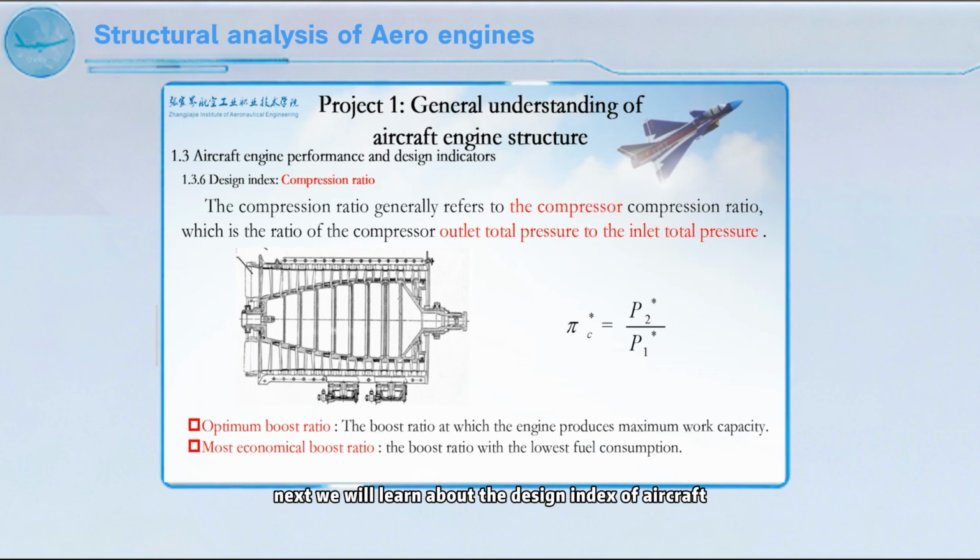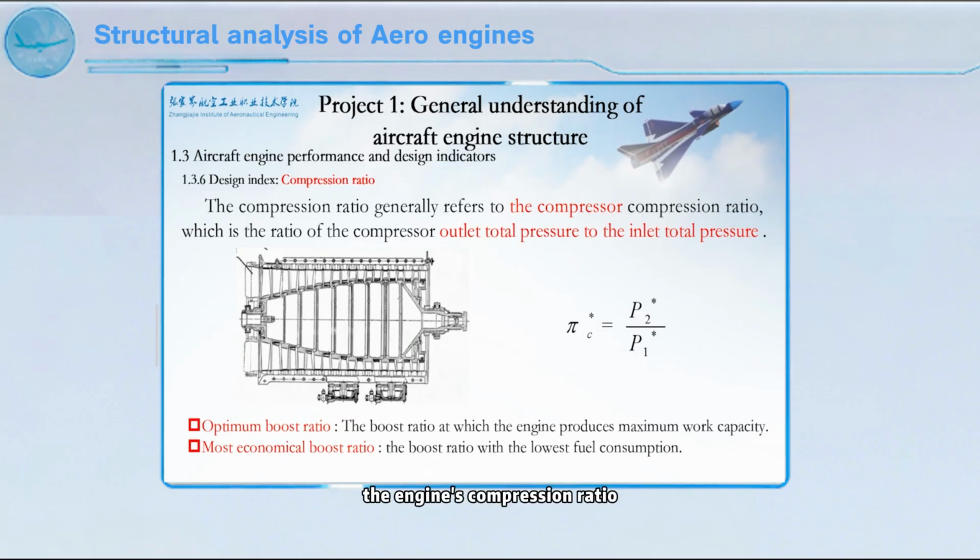Next, we will learn about the design index of aircraft engines, the compression ratio. The compression ratio generally refers to the compressor compression ratio, which is the ratio of the total pressure at the compressor outlet to the total pressure at the compressor inlet. It is represented by the ratio of P2* to P1*, which is equal to πC*.